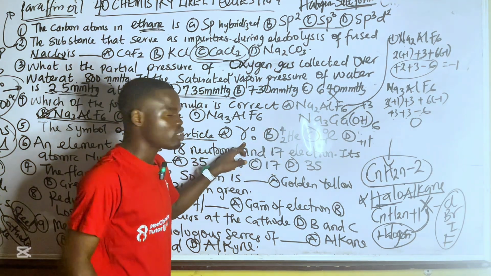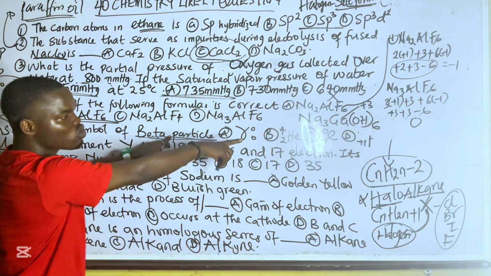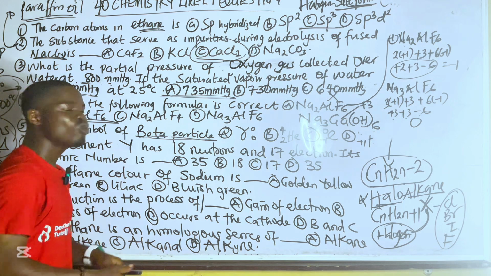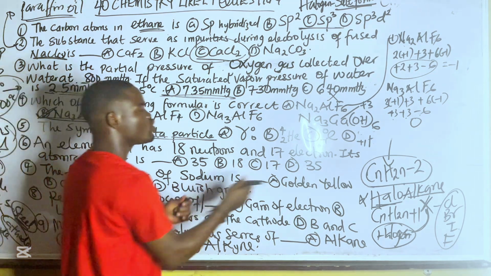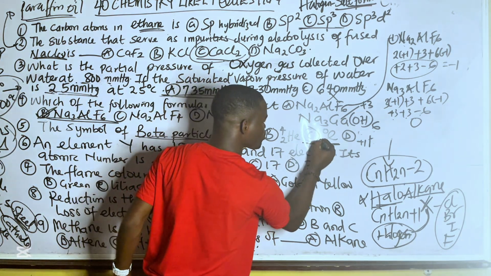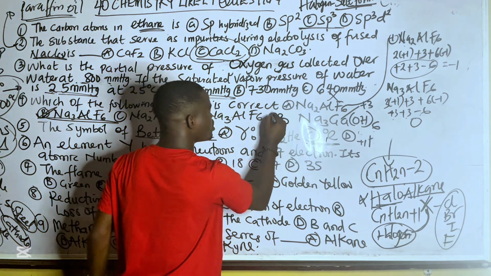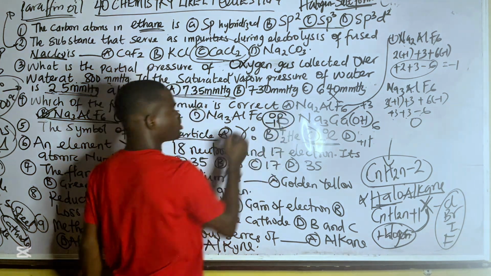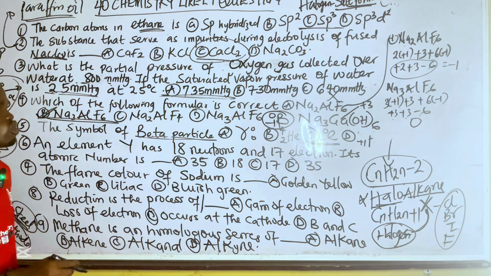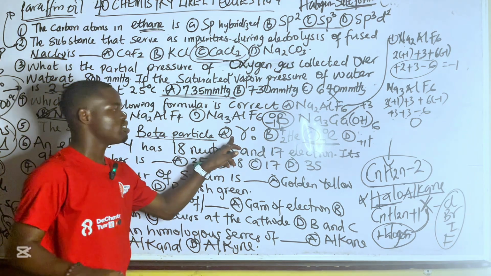The gamma ray is represented like this. The beta particle is represented with an electron, sometimes written as B, 0, minus 1. So that is the beta particle representation.